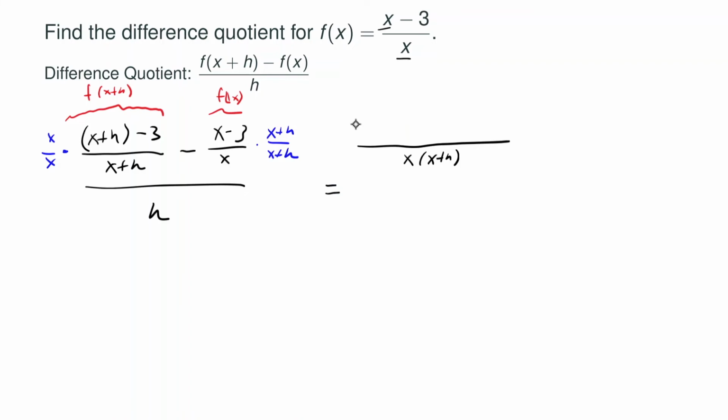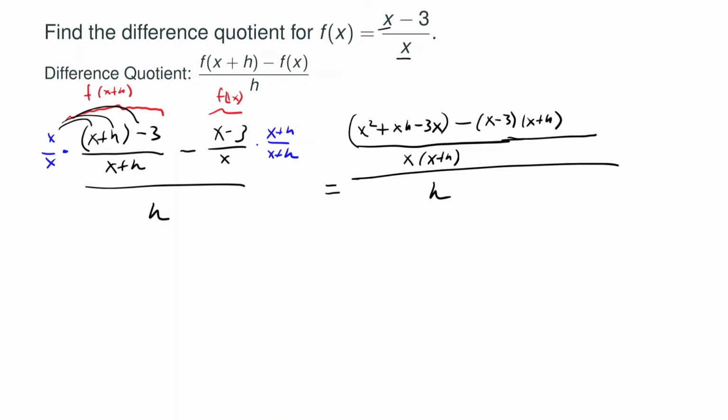Now we're multiplying x to here, so we have to distribute. We get x squared plus xh minus 3x, minus x minus 3 times x plus h. Entire thing over h.